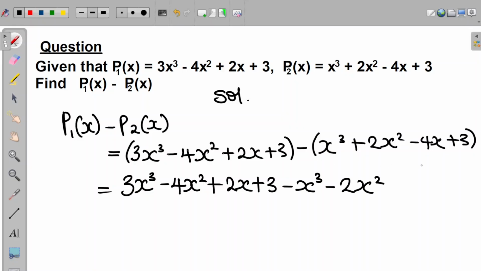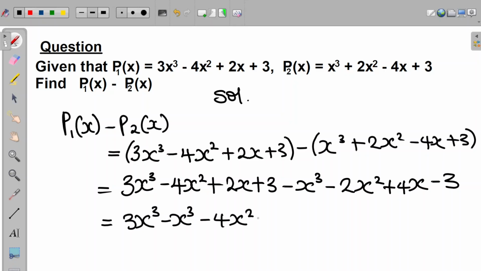Minus multiply minus 4x will be positive 4x. And this becomes negative 3. So the expression becomes 3x cubed minus x cubed and minus 4x squared minus 2x squared plus 2x plus 4x plus 3 and minus 3.